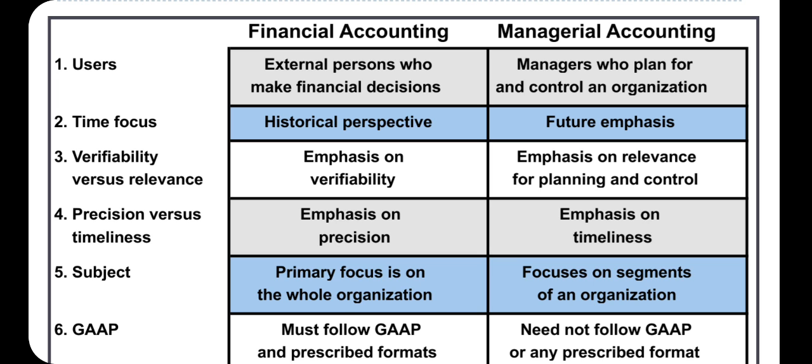So if you are working as a management accountant, the output or the end results of your work are mostly related to these two things. You have to prepare budget. Budget is related to planning for the business, or you have to prepare cost report.